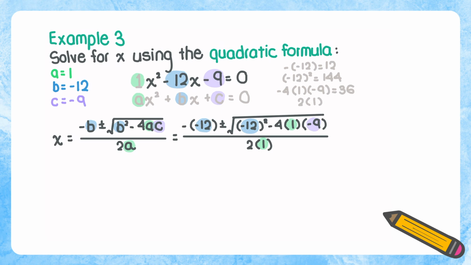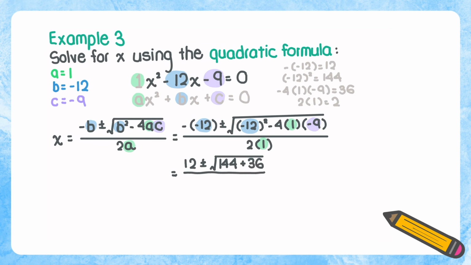Also, 2 times 1 is just 2. So we have x equals 12 plus or minus the square root of 144 plus 36.